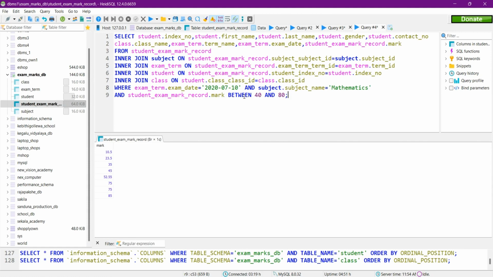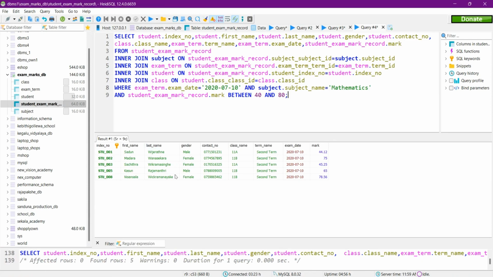So if you want to find out any marks between any values, you can use this keyword called between. So you can find out the values you want. So this is the query for the third question. So let's execute. So you can see we got the results for the third question.